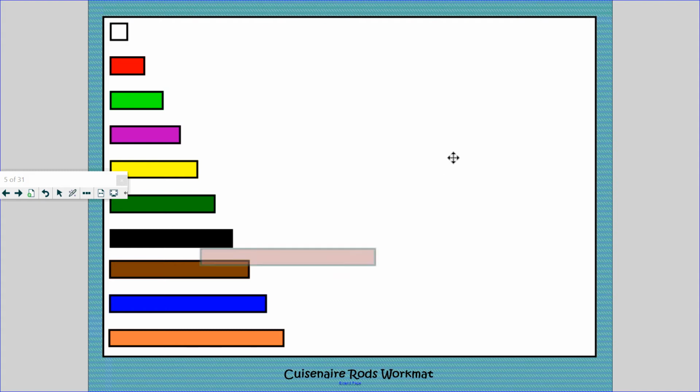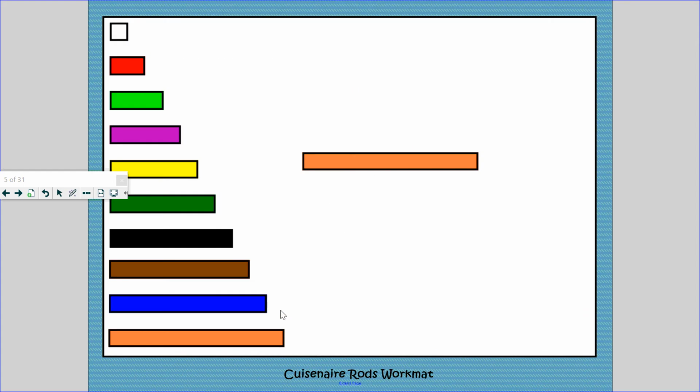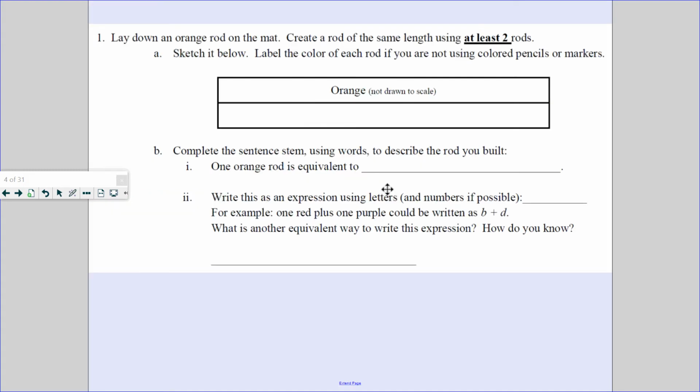So I need orange, and I need 2 rods that are equivalent. Use at least 2 rods. Oh, then I guess I could use more than 2 rods. 1, 2, and this is okay. Very good. So orange is equivalent to purple, purple, red.